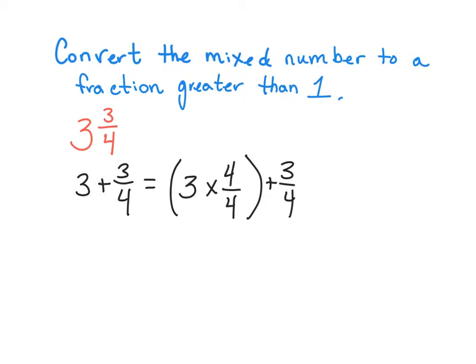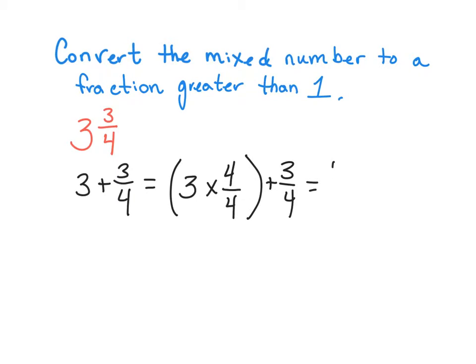Right? So all we did was first take care of this part and break it up, saying that we have 3 groups of 4/4 because it's 3 of these wholes, 4/4. And we're adding on this additional fraction that's attached to this whole number. So now we can actually solve this. What is 3 times 4?